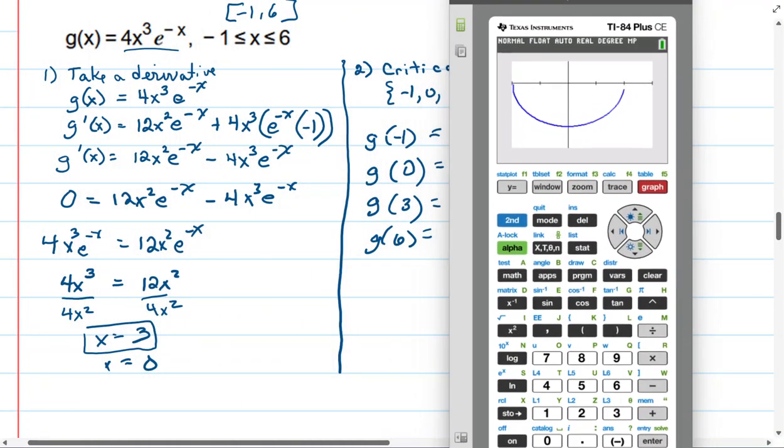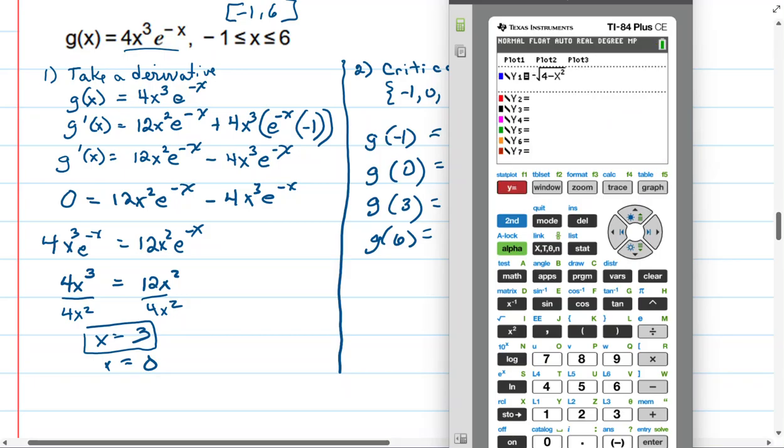That way I don't totally embarrass myself. For x to the third, e to the negative x.